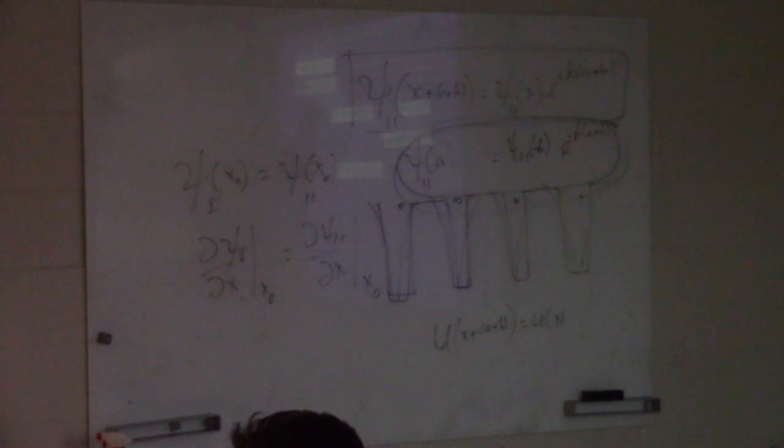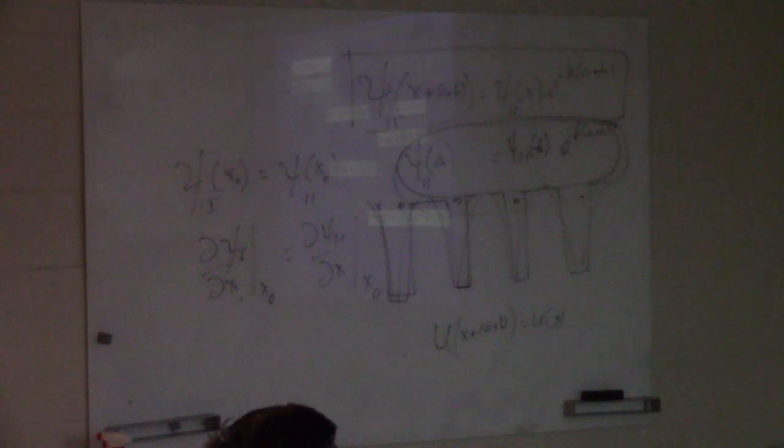You put x equals minus b, right? So then you get that equation here. Is that clear, everybody? Psi 2 at a, just put minus b here. Everybody fine with that? Think about that.